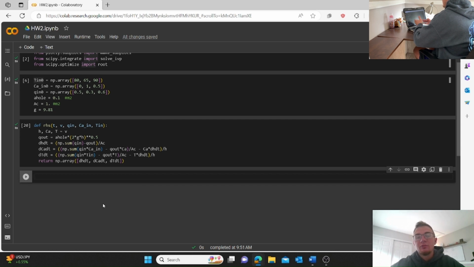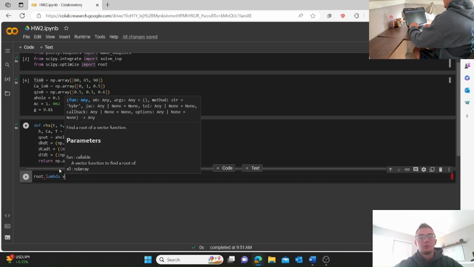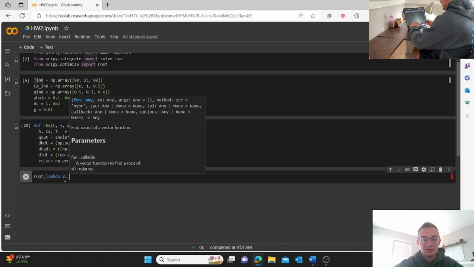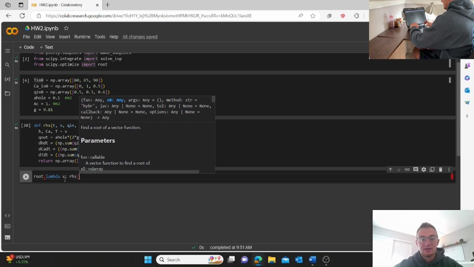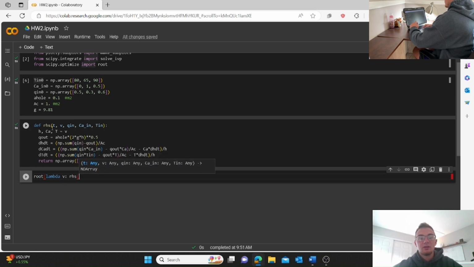And what that's going to do is call the right-hand side function that we have up here. So we're going to create a function, lambda, and we're going to have v as our vector of height, concentration, and temperature. And it's going to call in our right-hand side function.